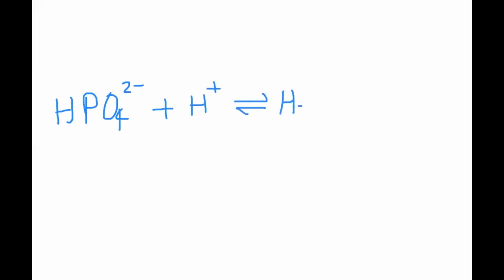Whiteboard. Here we go. Okay, so in this buffer system, basically there is monohydrogen phosphate, which has the 2 negative charges on the surface, which can combine with a hydrogen ion to be converted to the bihydrogen phosphate, like that.